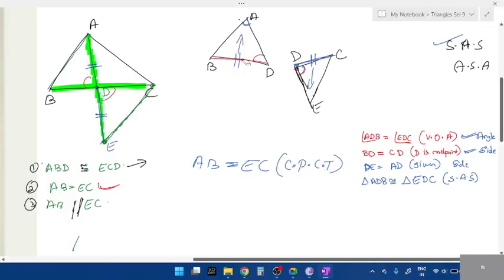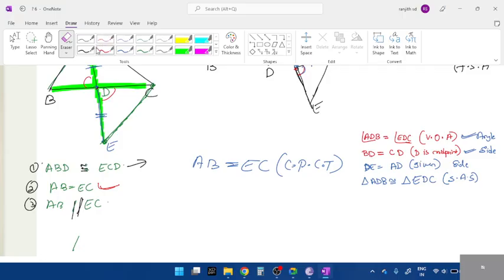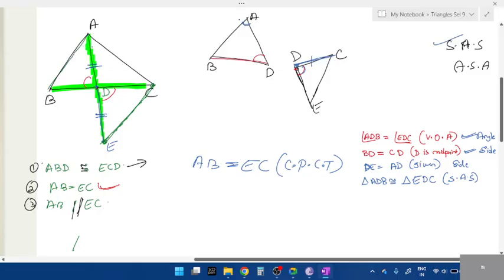Now I'll tell you parallel line. How to write parallel line? Next, which two do you have to prove that they are parallel?